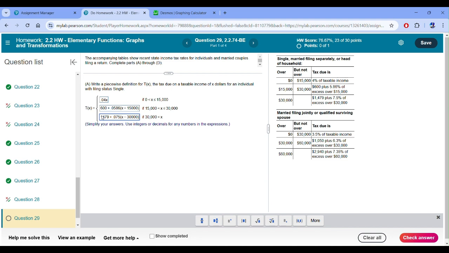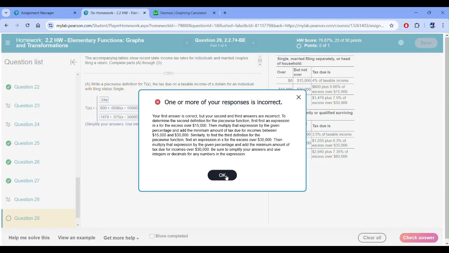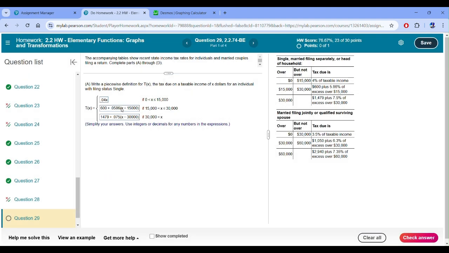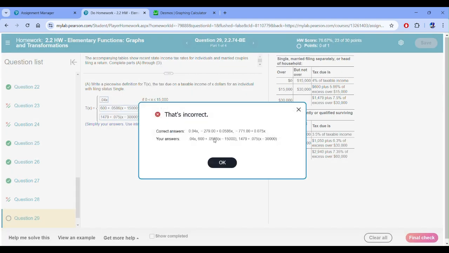Shift control, simplify your decimals. I'm hoping this is gonna accept it. Your first answer correct. I don't want to distribute that. I really don't. But that's what you have to do. Multiply it out, and then you'll get it. 0.04 is correct, and then 600 plus that, and then plus that.